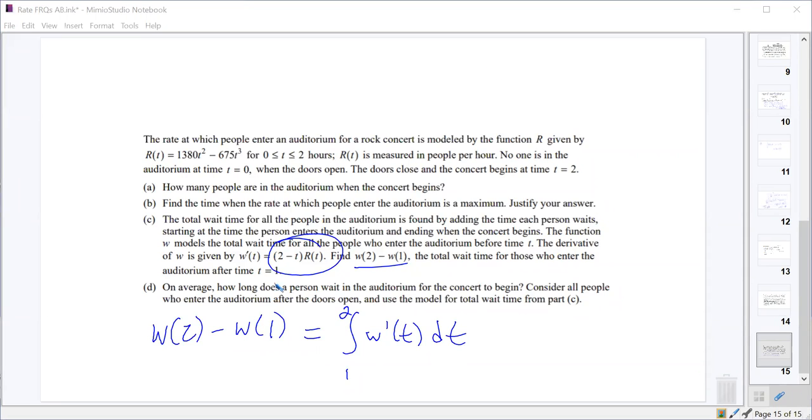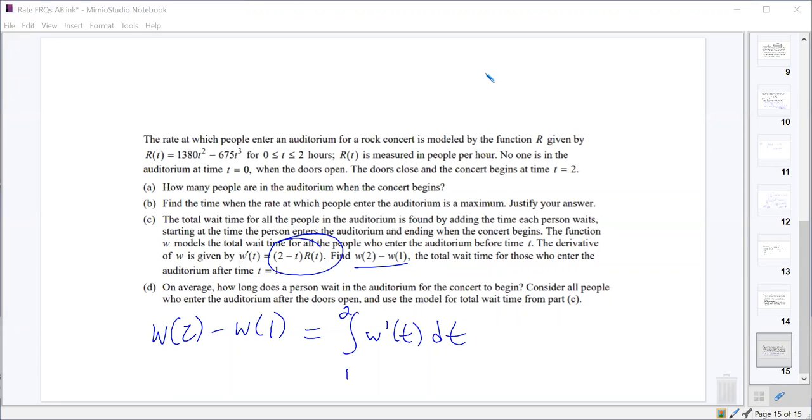Okay. So just for a little bit of context, they said that W is the total wait time for all the people who enter the auditorium before time T. And so if we want to know how long a person, on average, randomly waits in the auditorium for this concert, we have to consider all people who enter the auditorium after the doors open.